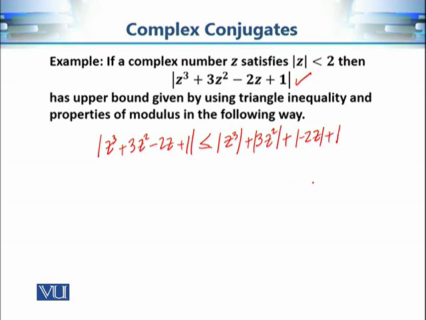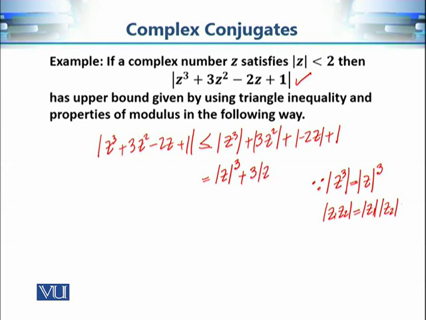It is a very simple exercise to prove that the modulus of z cube is the same as the cube of the modulus; in fact, we will be using the property that the modulus of z1 z2 is equal to the product of the moduli of z1 and z2. So this is in fact the cube of the modulus of z plus 3 times the square of the modulus of z plus 2 times the modulus of z plus 1.